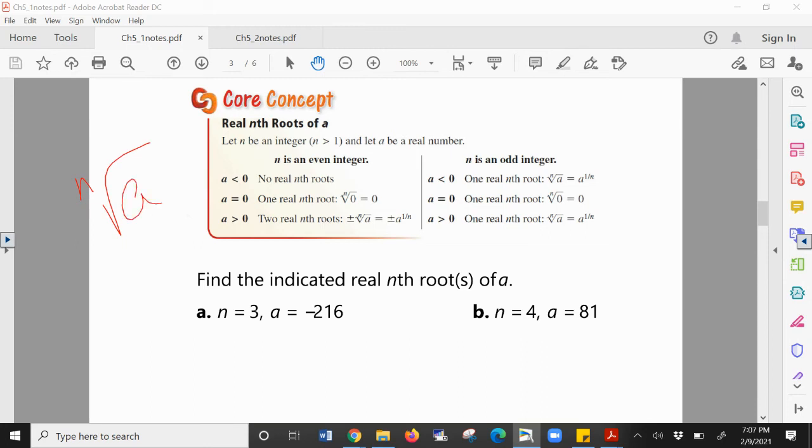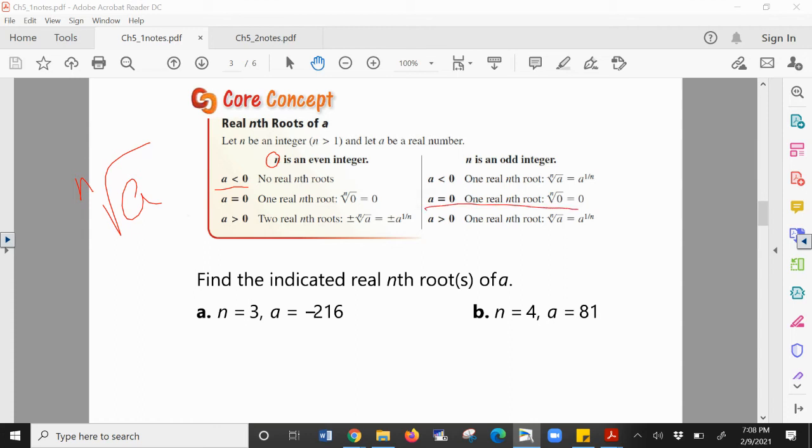If n is even, like a square root for instance, and you take the square root of a number that's less than 0, you don't have any real roots. You have imaginary numbers, right? So if a is less than 0, you don't have any real answers. If a is equal to 0, like the square root of 0, it's 0. The fourth root of 0 is 0. The 10th root of 0 is 0.